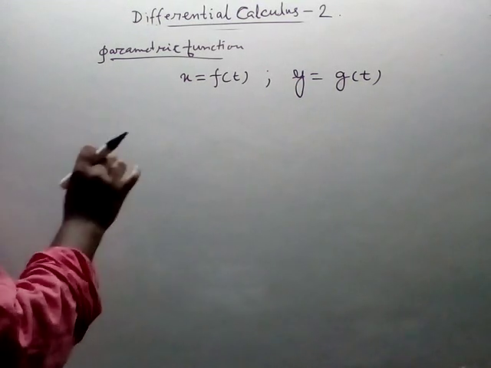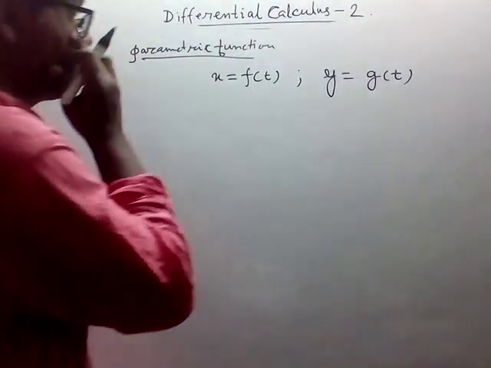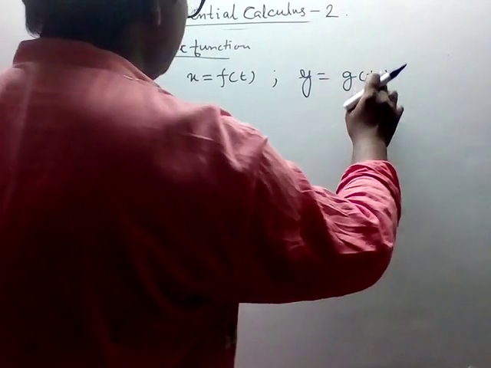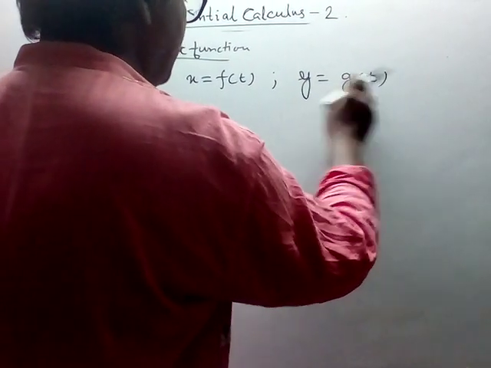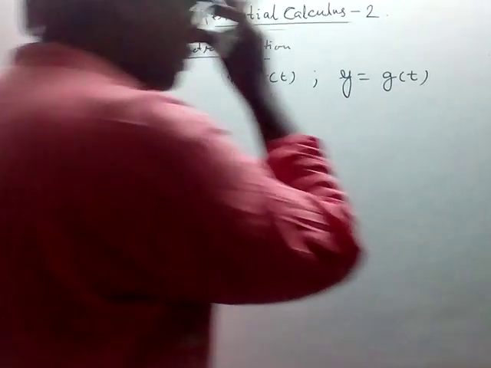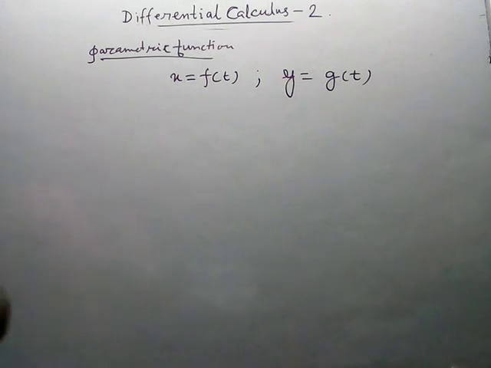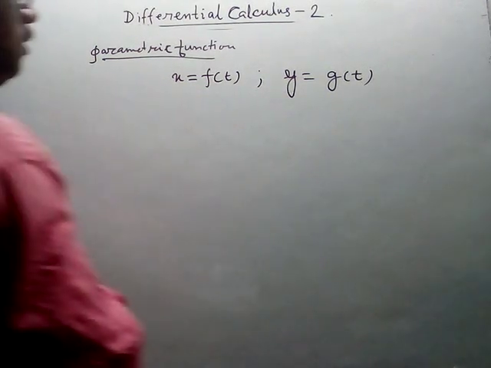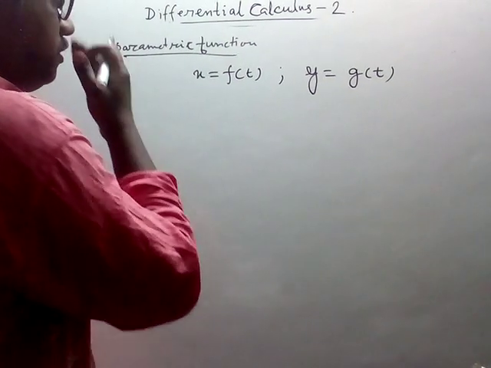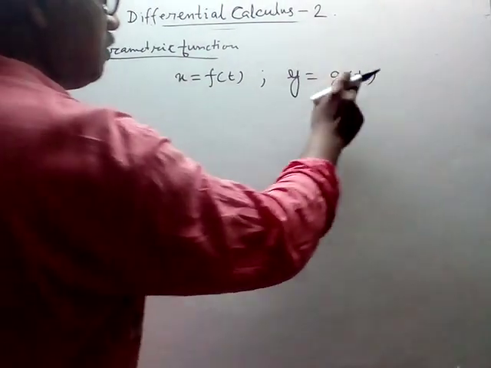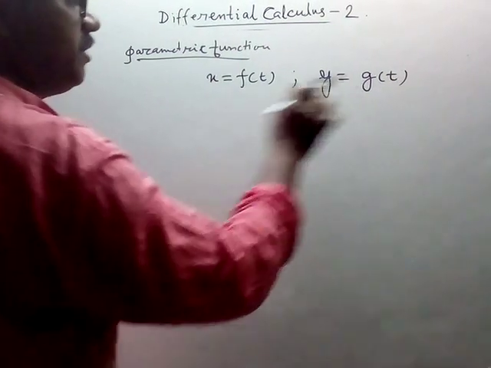That is, when the two variables x and y are explicitly functions of another variable t, here t is called the parameter. Parameters means independent constants. t can take any real value, so t does not depend on other variables.